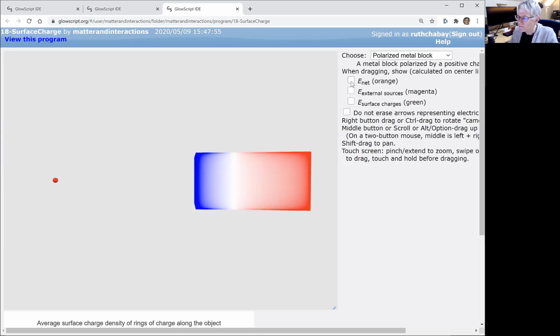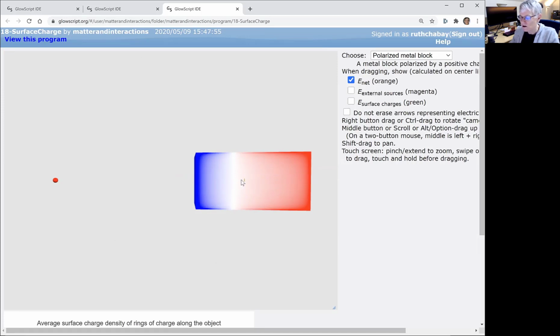So we can see here, if we drag here, we can see the net electric field at some observation location. Around this thing, if we're near the source charge, it's very big. Near the block, now it's going to show us the electric field inside this block, but it's going to draw it on the surface so we can see it.